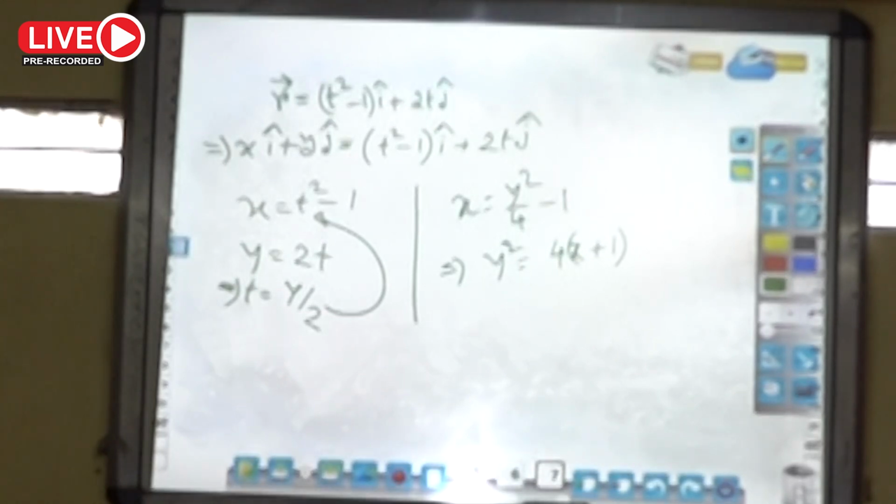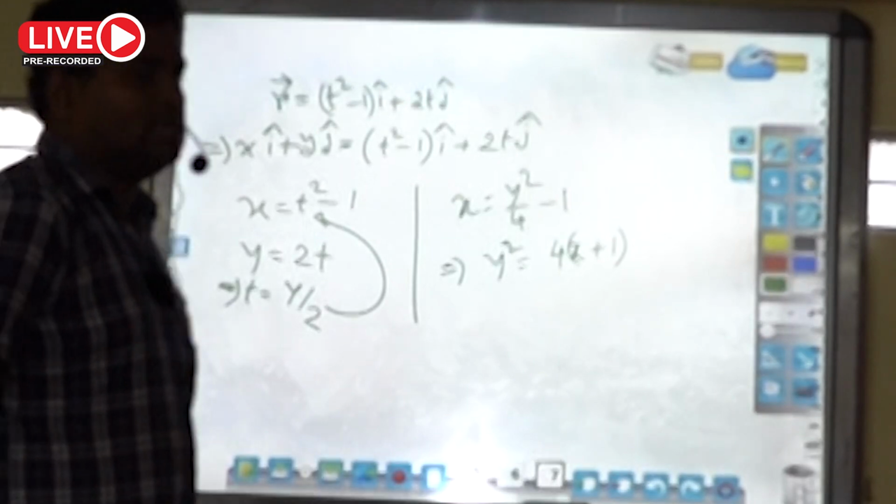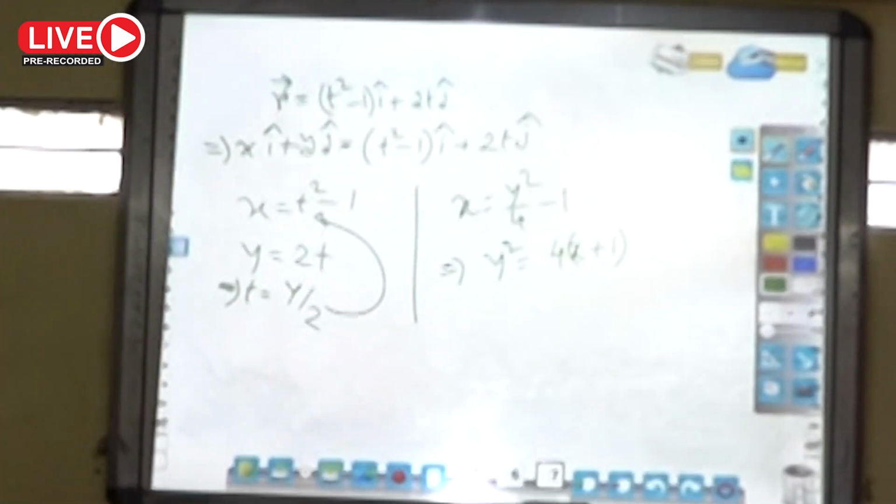Find the radius of curvature of its path near the topmost point. Acceleration due to gravity you can consider to be 10 meter per second square.